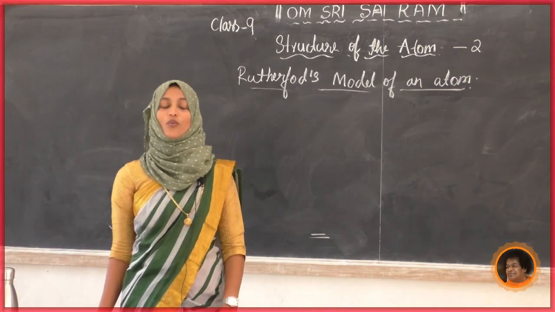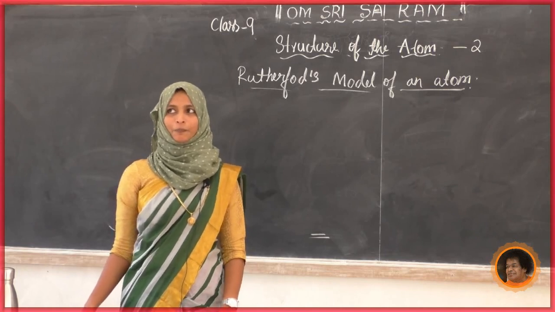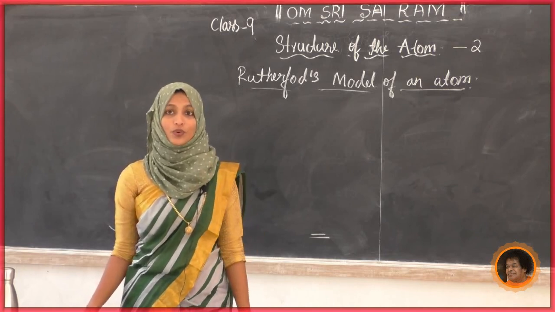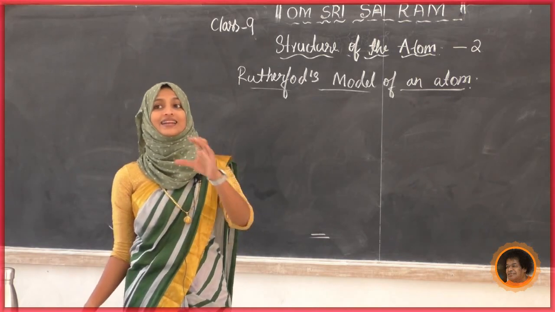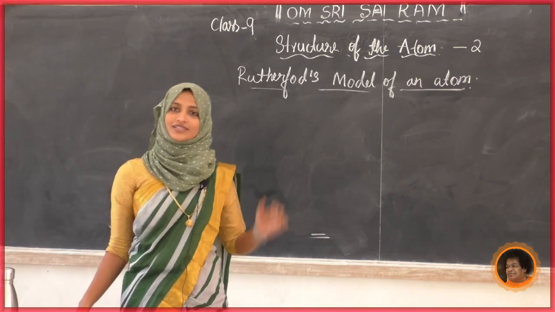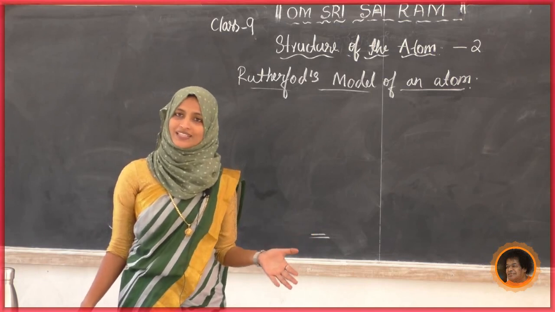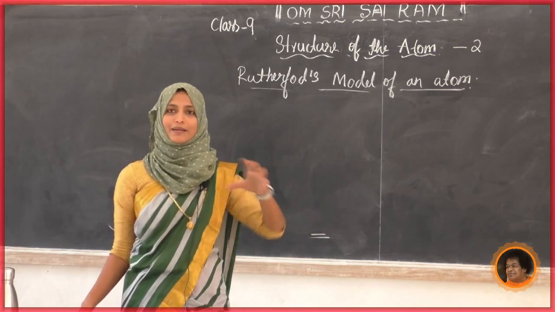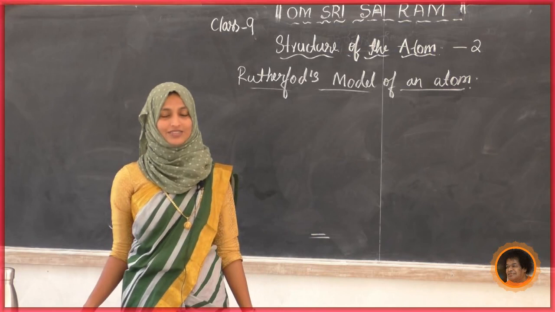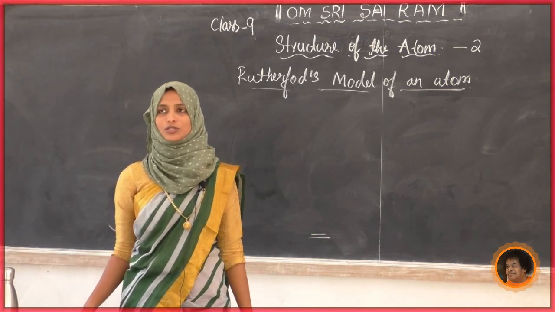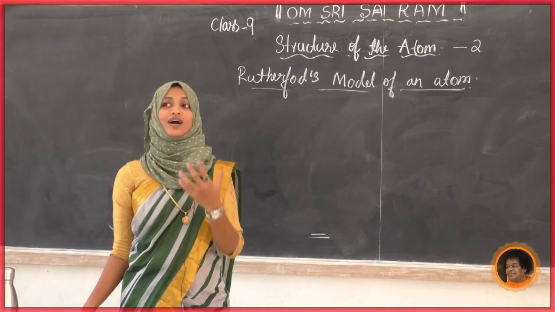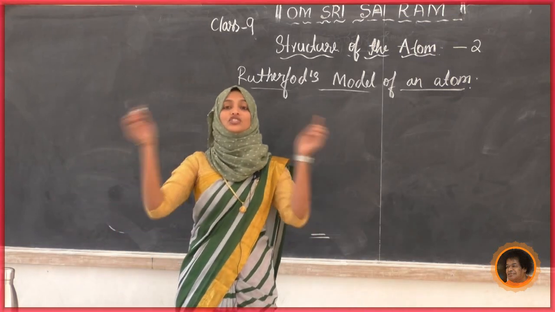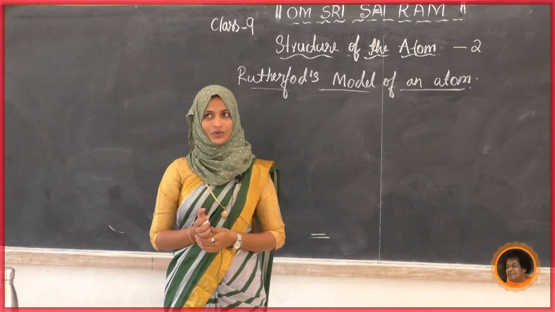Now we'll see what his experiment was. Ernest Rutherford was interested in knowing how the electrons are arranged in an atom. Already J.J. Thomson explained that electrons are embedded in the positive sphere. So his interest was in knowing how the electrons are arranged within the atom.